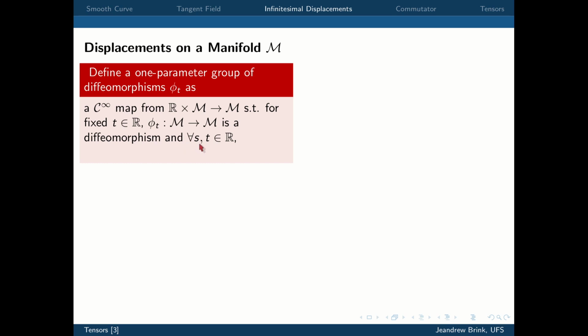And for all s and t in R, you have the following conditions on your diffeomorphism, because you want the idea of additive distance. So if you take one diffeomorphism that takes all these points and moves them a distance, say 0.1 to the right, okay, and then you want to apply this diffeomorphism again, say s is then 0.2, then you move it another 0.2 further on.